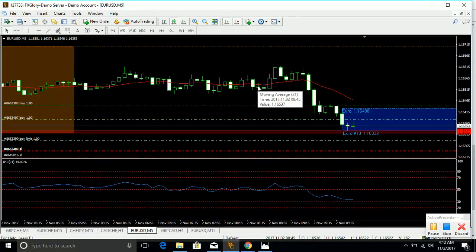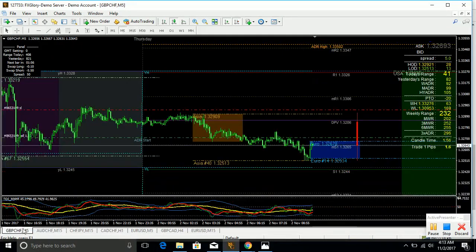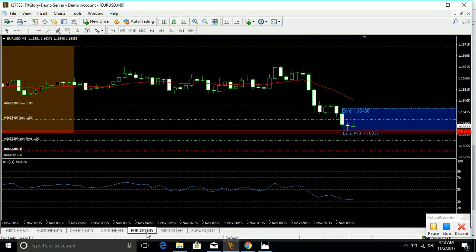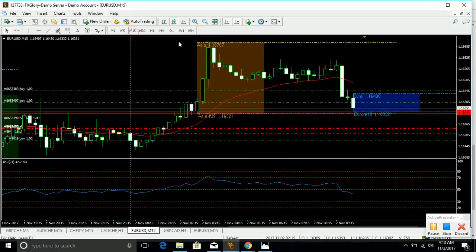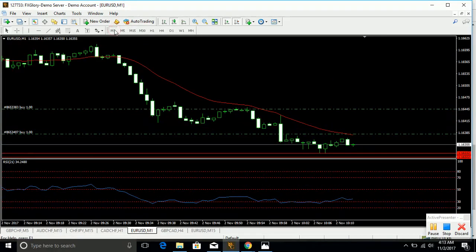Okay, we failed to break the low of the Asian session by exactly 1 pip. So that is a good sign that we're not going any lower.